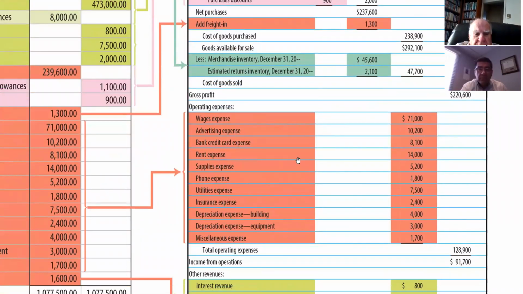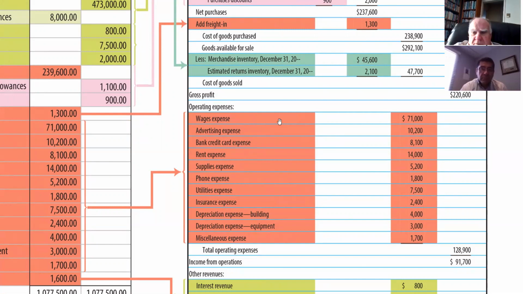Notice they're lumping all the operating expenses under one section. Normally, class, you would have operating expenses, and then the next line would say selling expense, and then you list all the selling expenses. Then you'd have operating expenses for general and admin. Here, they're lumping them together.